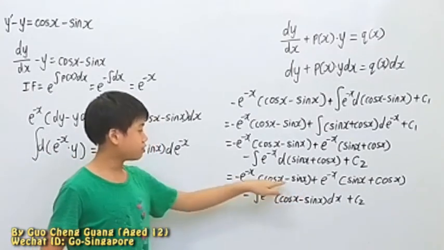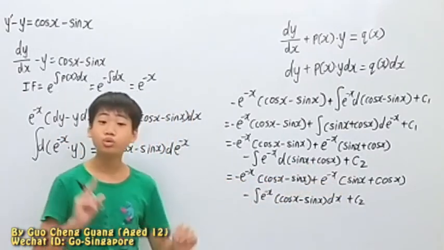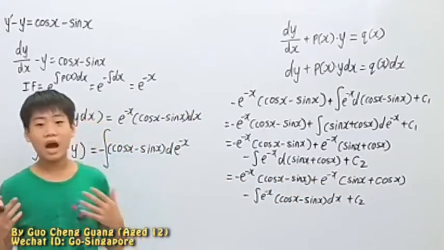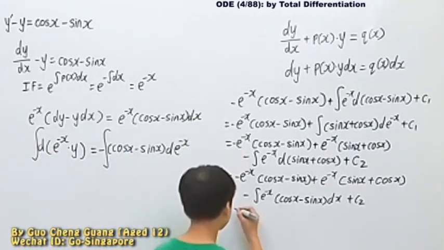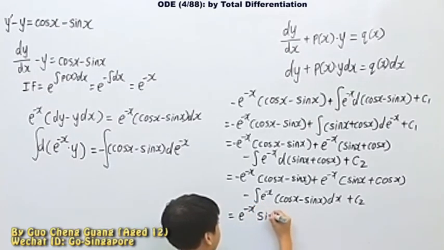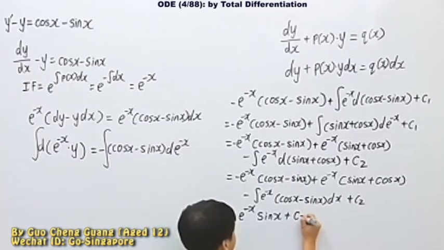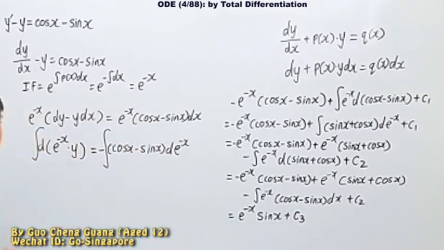Sine, negative, negative is a positive. So these two combine 2 times. To halve it again is still 1 times. Then this changes again. Okay, so right now we can put it inside here.